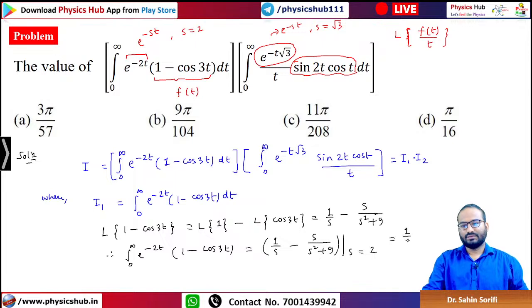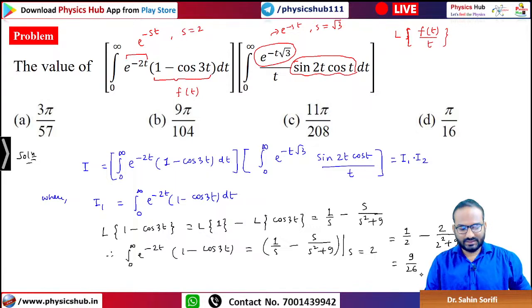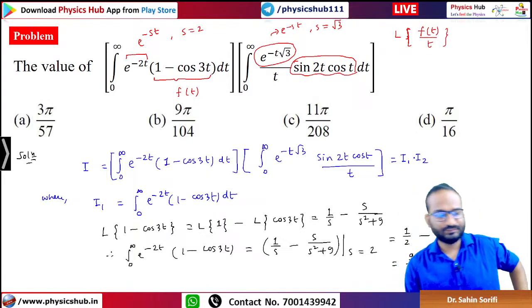So 1 upon 2 minus 2 by 2 square plus 9. So 2 by 13, 26, 13 minus 4, 9 by 26. You got the first integral, 9 by 26, all of you?